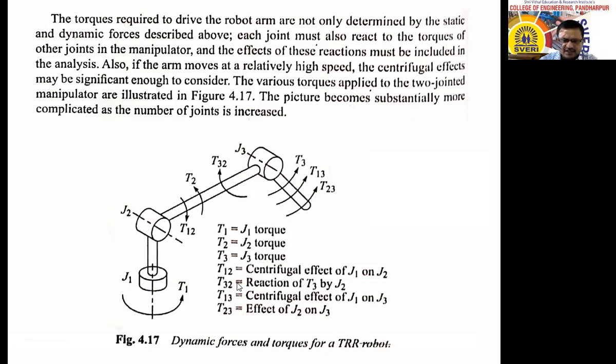Now T12 is the centrifugal effect of J1 on J2, T32 is the reaction of T3 by J2, and T23 is the effect of J2 on J3.